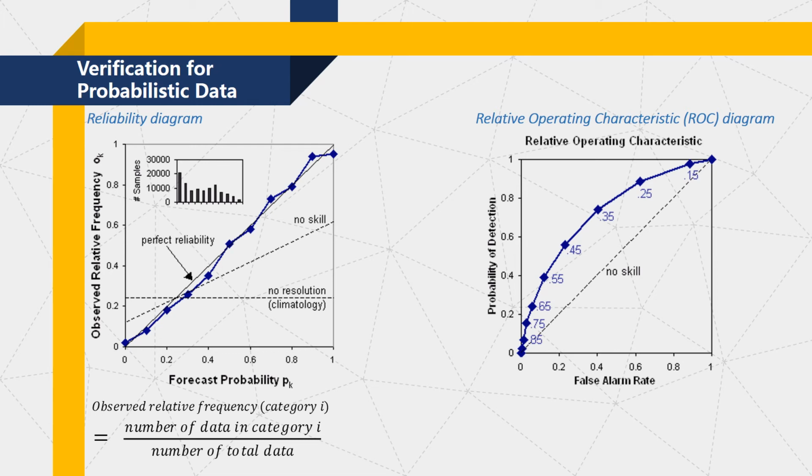When speaking about POD or POFD, there must be a threshold that is used for dividing the probabilistic forecast data into a categorical dataset, or especially yes and no categories. The probabilistic threshold is determined according to its demand.